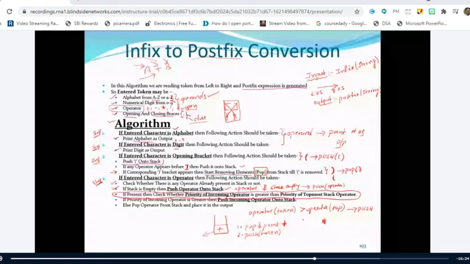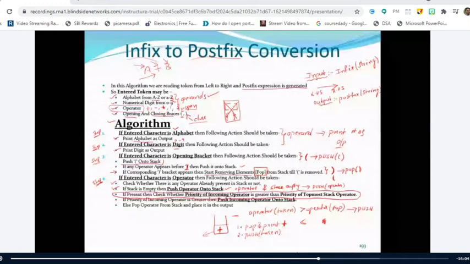Yes, sir. Now listen. We'll take another case where I have plus here. That means the top of the stack is plus and the token that I'm reading is minus. Now tell me, what is the priority of minus when compared to that of plus?